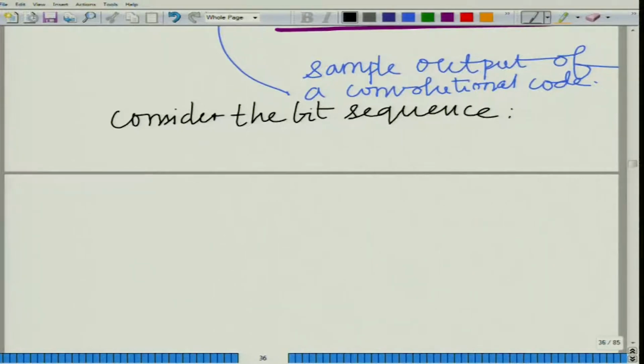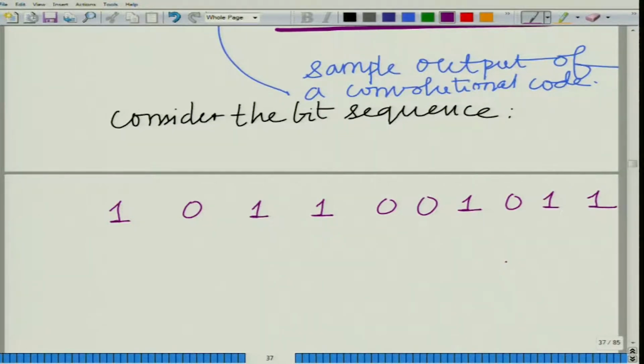Let me just write it. So this is 1 0 1 1 0 0 1 0 1 1.